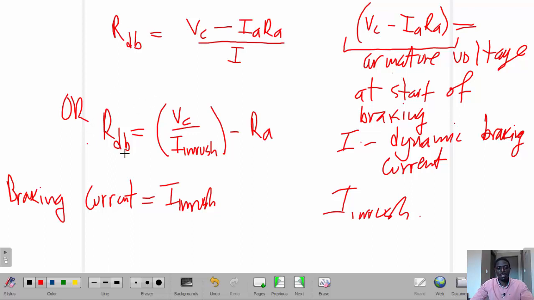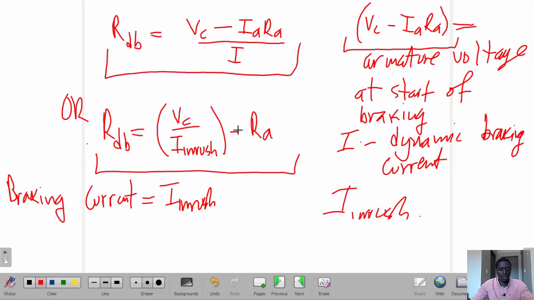In basic simplification, VC over I inrush, the I cancels, almost the same current, and we remain with simply RA. So we are able to determine the dynamic braking resistor from this equation.